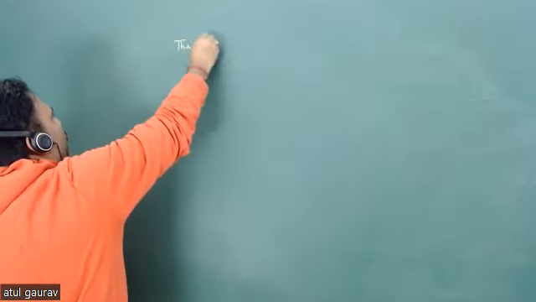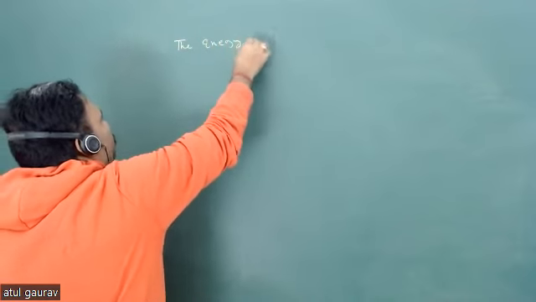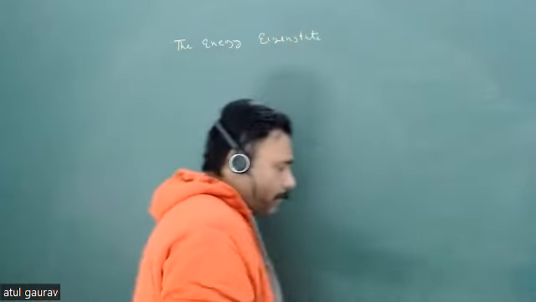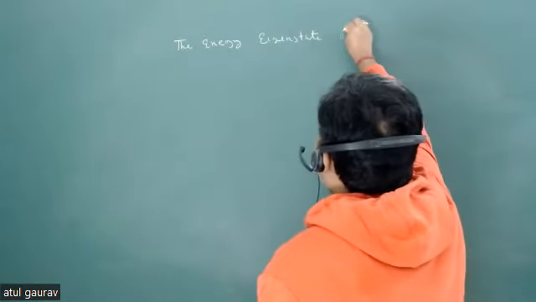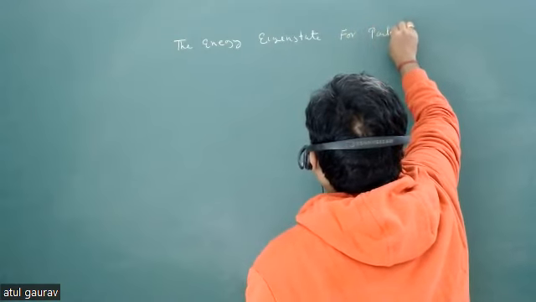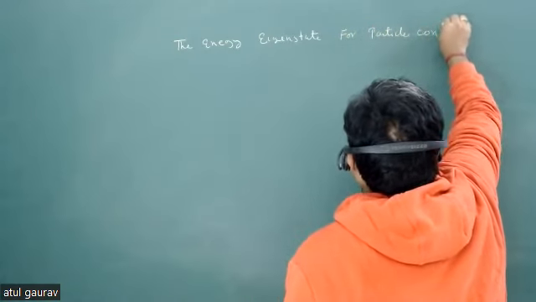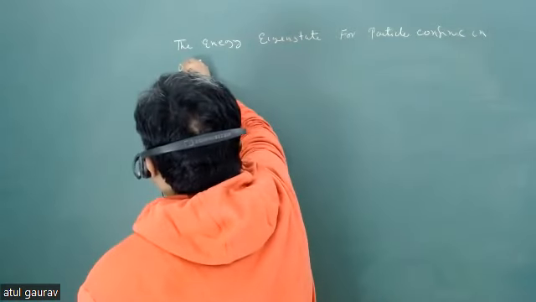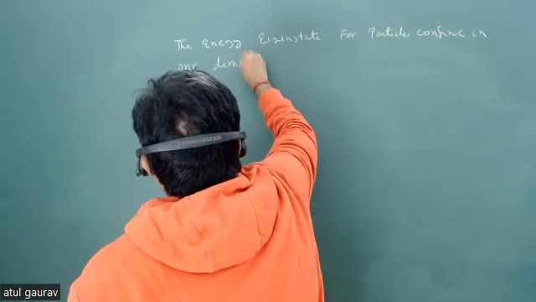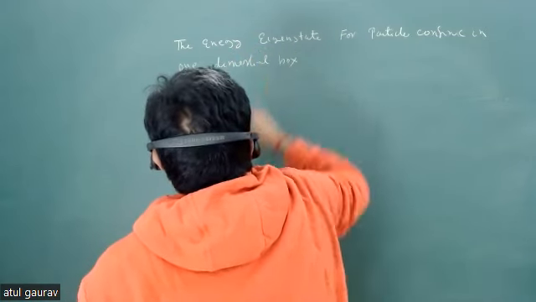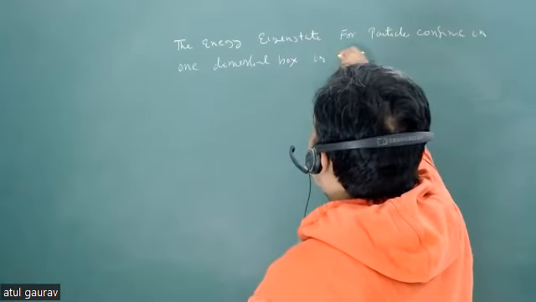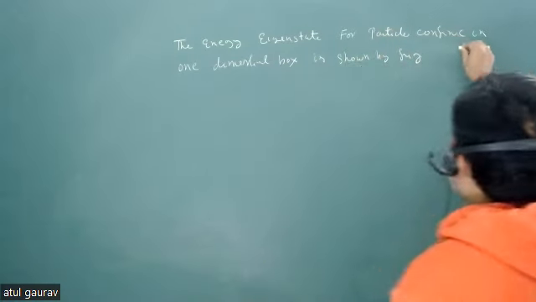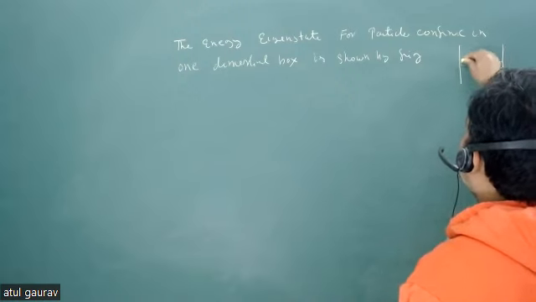The energy eigenstate for a particle confined in a one-dimensional box is shown by the figure. The figure is something like this.